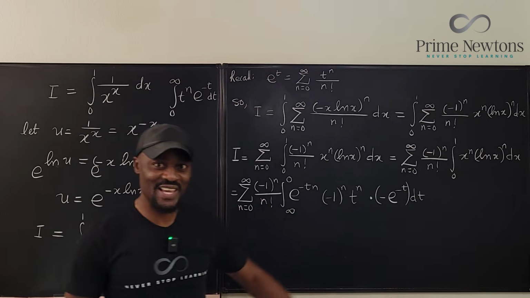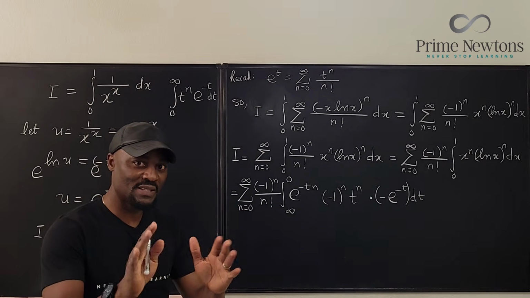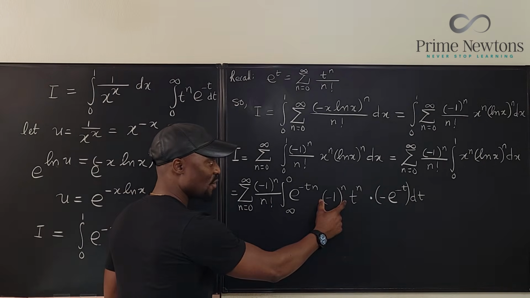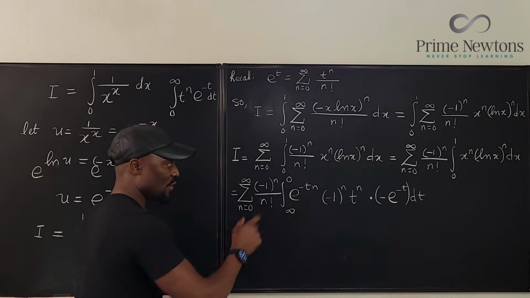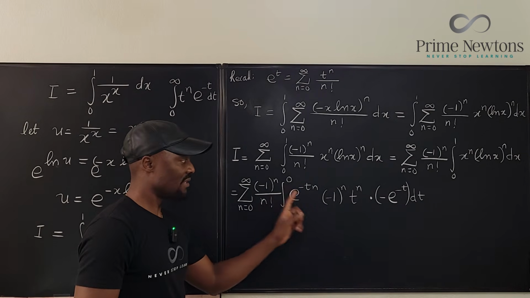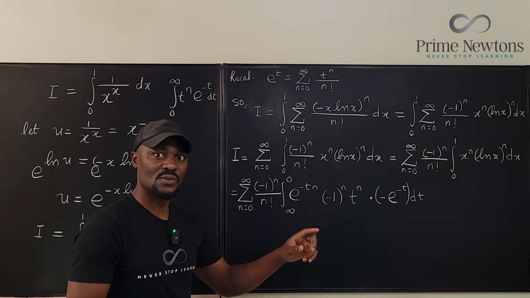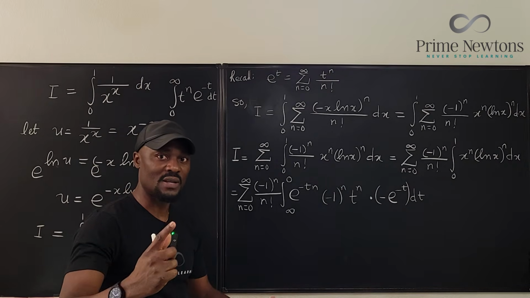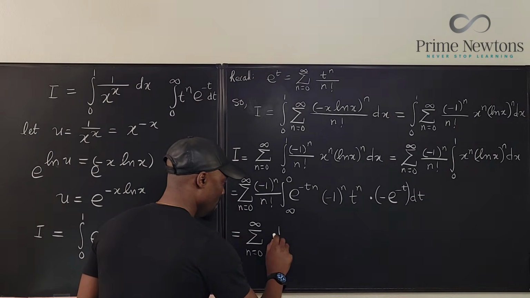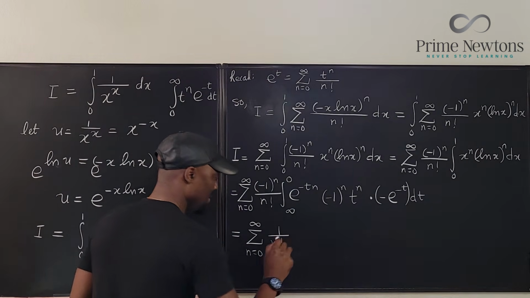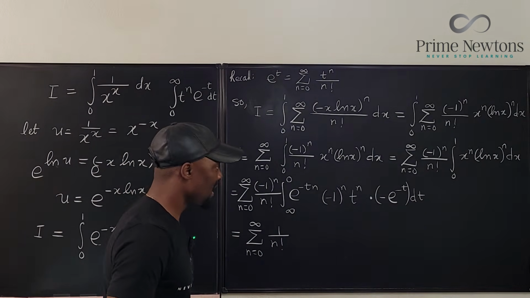So this long thing is going to become very short because this is what happens. This negative 1 to the n can also come back here and multiply this, so that negative 1 to the n times negative 1 to the n is just 1 to the n, which is 1. N equals 0 to infinity. So we have 1 over n factorial. Nice.